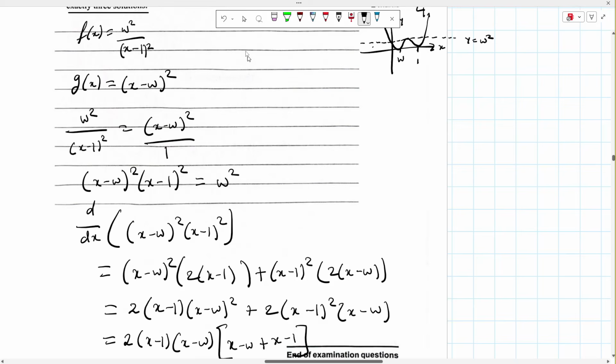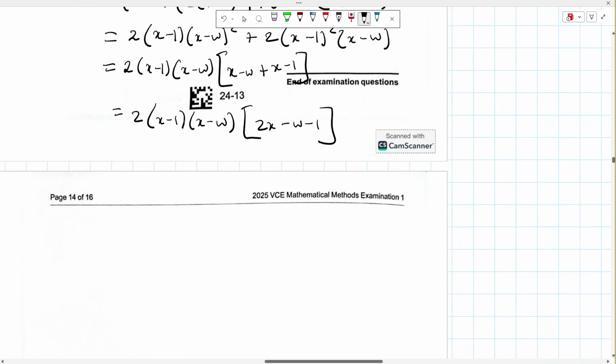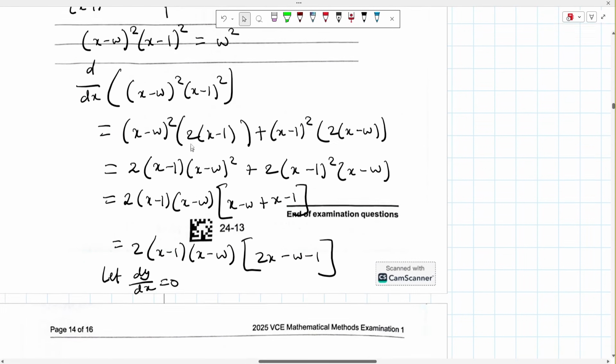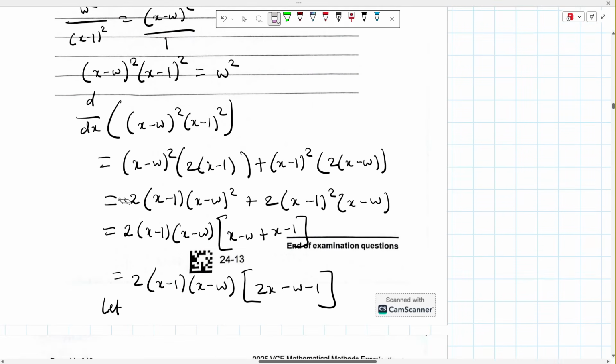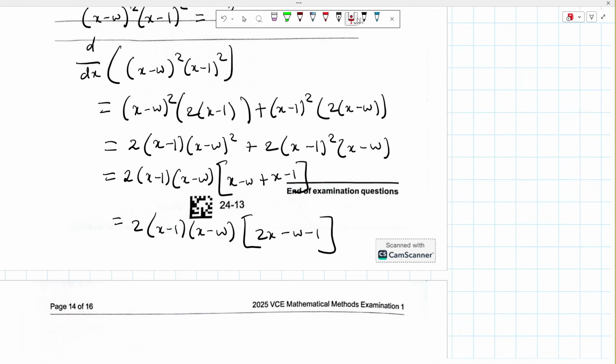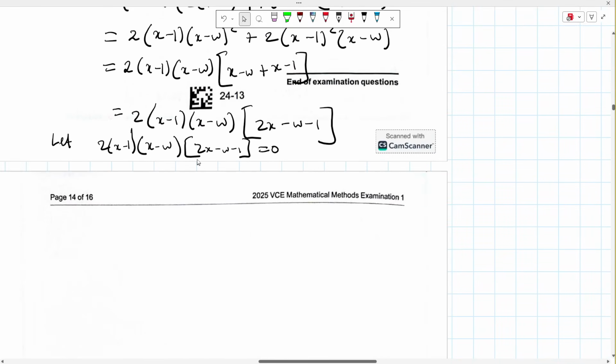Now, if I want to find the local maximum of the graph, I have to let the derivative equal 0. Oh, I shouldn't write dy dx because there is no y that's actually defined. I should say we're going to let 2 times (x minus 1)(x minus w)(2x minus w minus 1) equal 0.